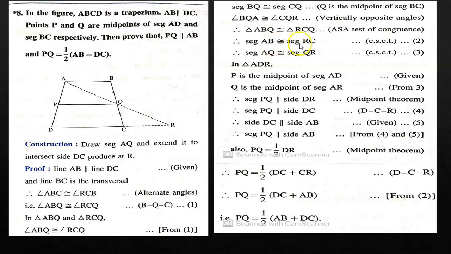Look at statement 2: AB is equal to RC. This is CR. So instead of CR, I can write AB over here. So I get PQ is equal to half of DC plus AB. That is, PQ is equal to half of AB plus DC. Hence proved. So this part is also proved and this is also proved.